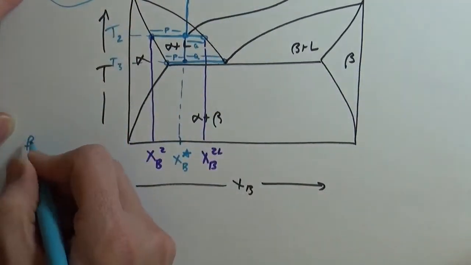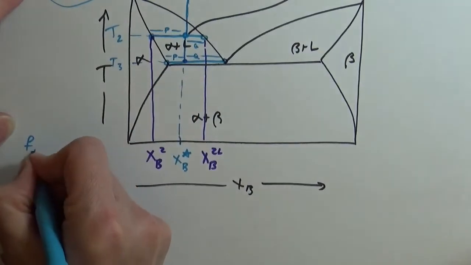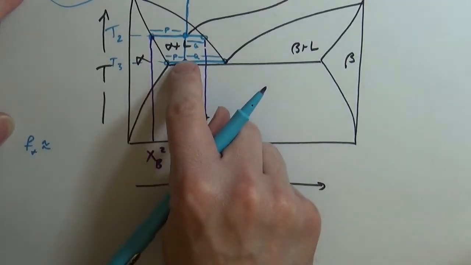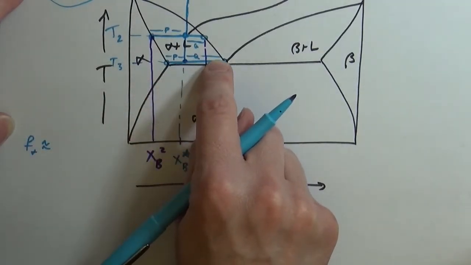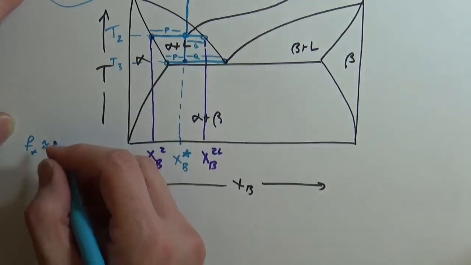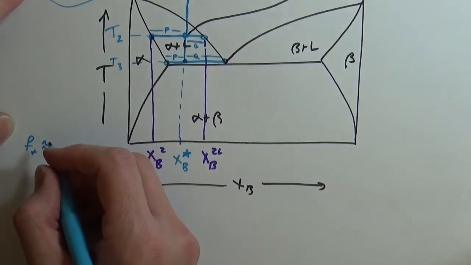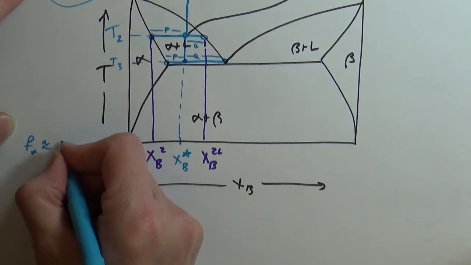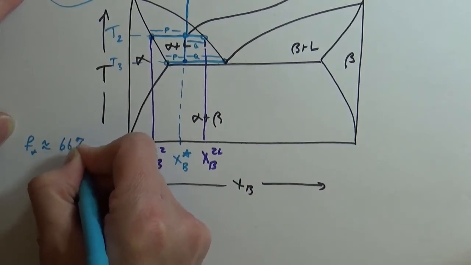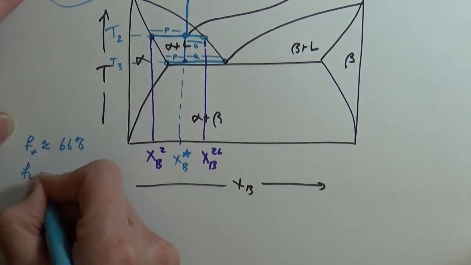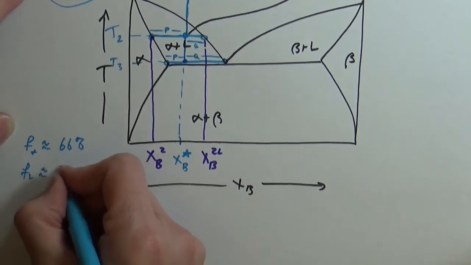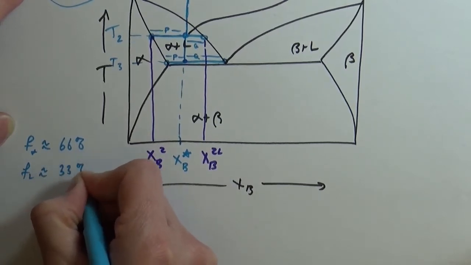But looking at it, the fraction of alpha is around maybe 1/3, so maybe 66%, and the fraction of liquid is around 33%.